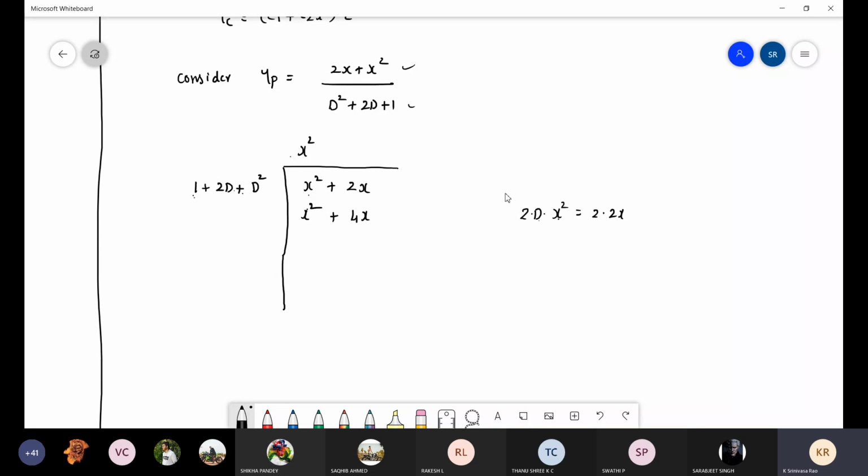Then plus into plus, plus the double differentiation of x square: one time is 2x, second time is 2. Now subtract. Minus, minus, minus, so this x square gets cancelled. Now 2x minus 4x is minus 2x, and minus 2 constant.